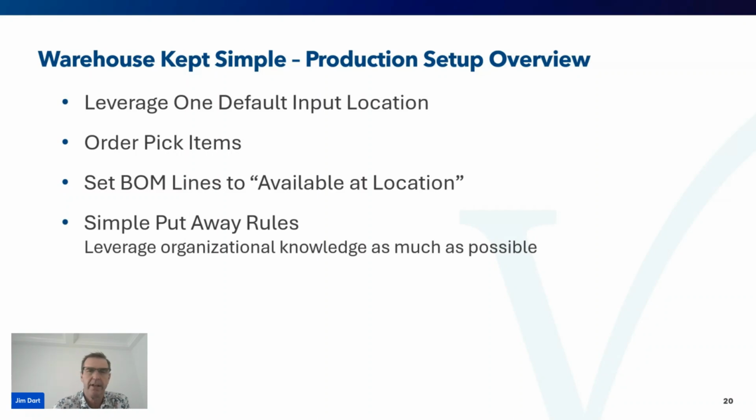And lastly, again, tying back to that theme of organizational knowledge and put away rules, materials or goods that are coming off the production line, going back into the warehouse to be later picked and shipped, just use simple put away rules there. Allow the users and the organizational knowledge to drive that, which can simplify a warehousing implementation.